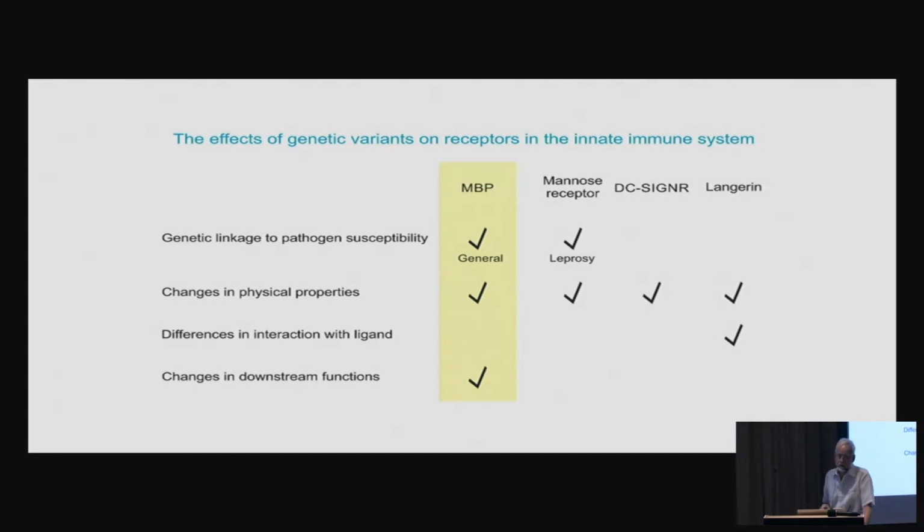DCCNR certainly has polymorphisms that can change the oligomeric state of the receptor, but there have been on and off reports of linkage to viral susceptibility. Langerin has actual mutations in the binding site that change the specificity, all of these in human populations.